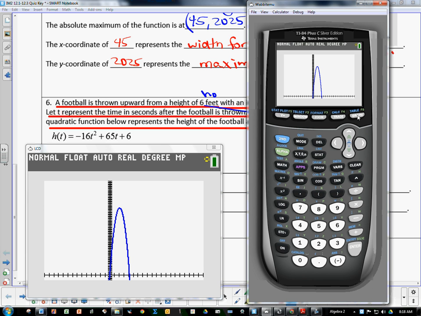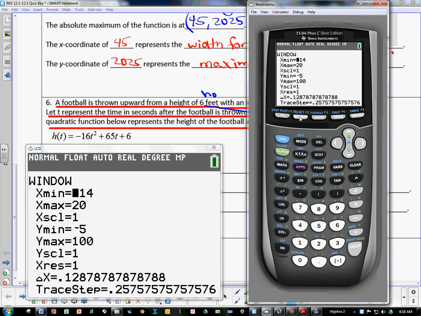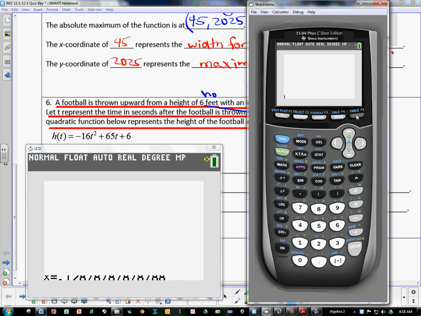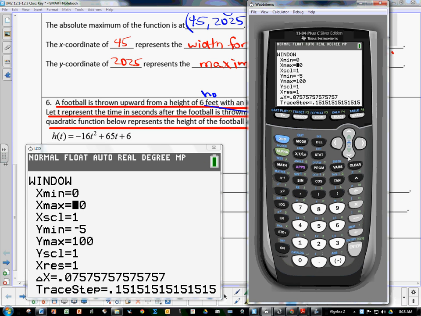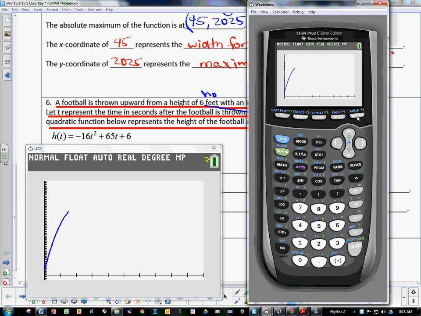Yeah, that's reasonable. Now I can even do this. That window, I have an X minimum up here. Let's just make this 0 for now. There we go. Now I didn't need to go up to 20 seconds, did I? I can narrow that down by hitting window. And let's make the X max be 10 instead. There, that's a little better.